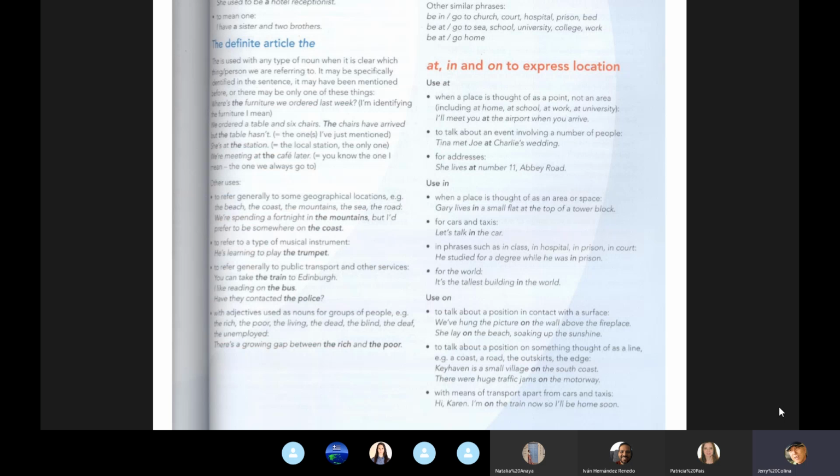Where is Peter? He is at home. This is the place where Peter is at the moment. You are thinking in home as a point. We use at in that case. And the example says, I'll meet you at the airport when you arrive.